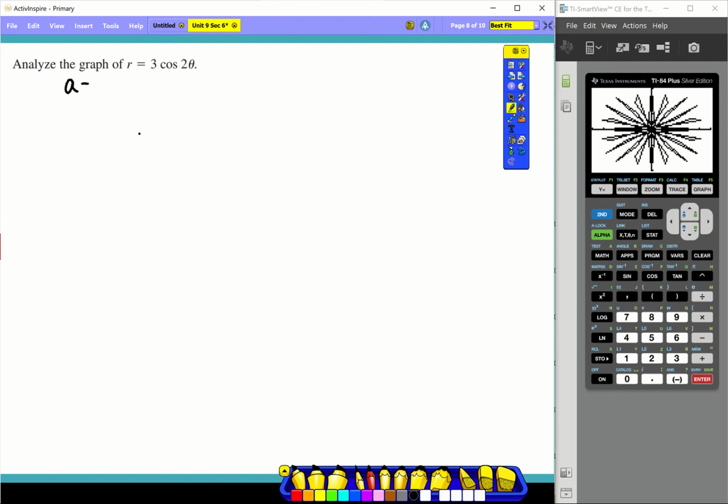So here we have A is equal to 3. N is equal to 2. So since N is even, we will have 2 times N petals. So we're going to have 4 petals. Those petals will be symmetric with respect to the polar axis.